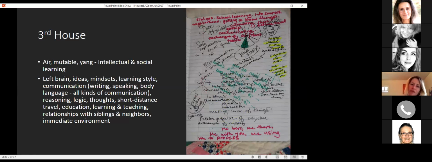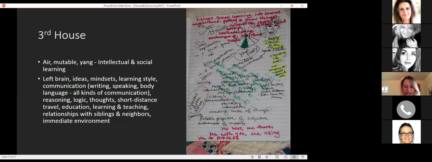I think about the third house for me as big exploration in the small known space, because it represents our immediate environment. It even represents our nervous system, our internal wiring. It's how we get from here to there, short distance wise, right? So on trains or in cars, things connecting in that way.